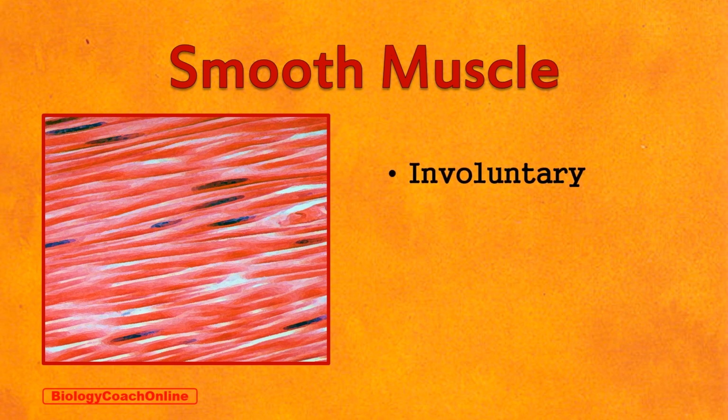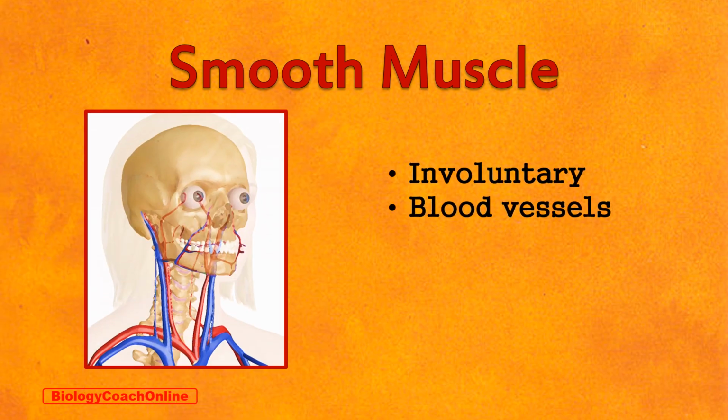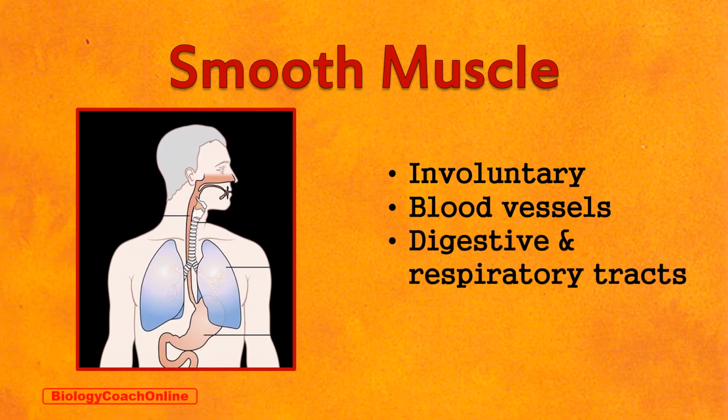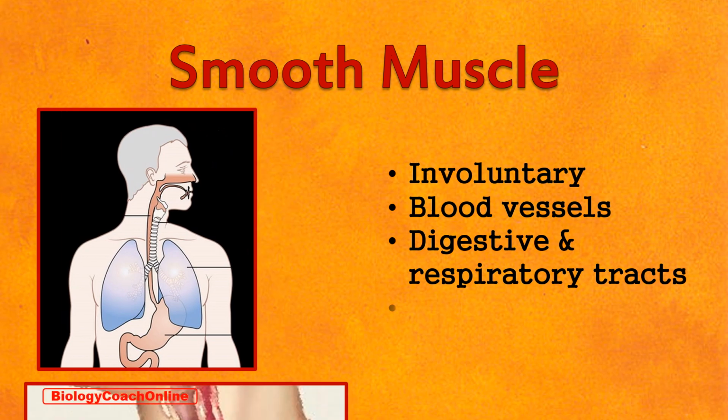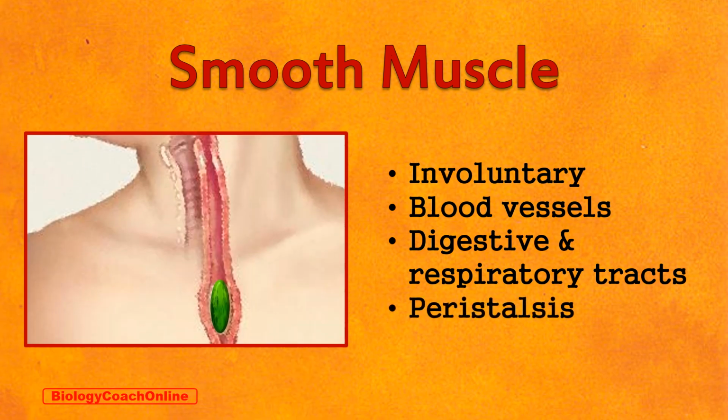Now, smooth muscle can be found in the walls of blood vessels, like your arteries and your veins, as well as in the digestive and respiratory tracts. Smooth muscle functions to regulate the diameter of blood vessels and respiratory passages, as well as move food, remember the bolus, in the esophagus. Smooth muscle contractions in the digestive tract is called peristalsis.